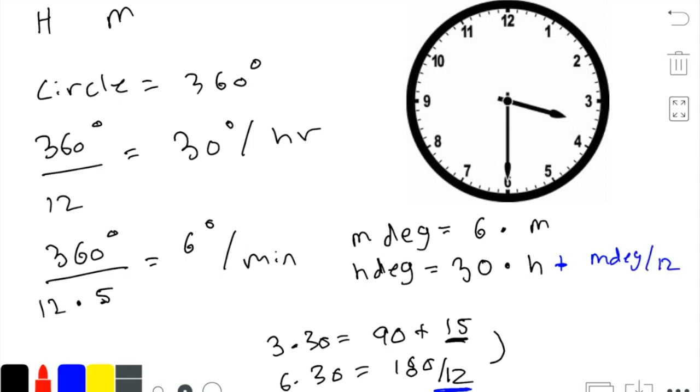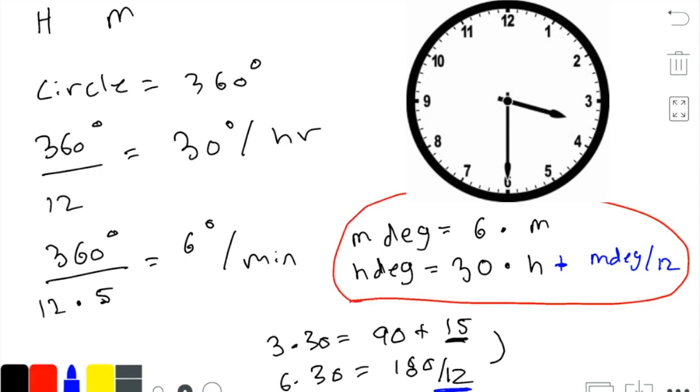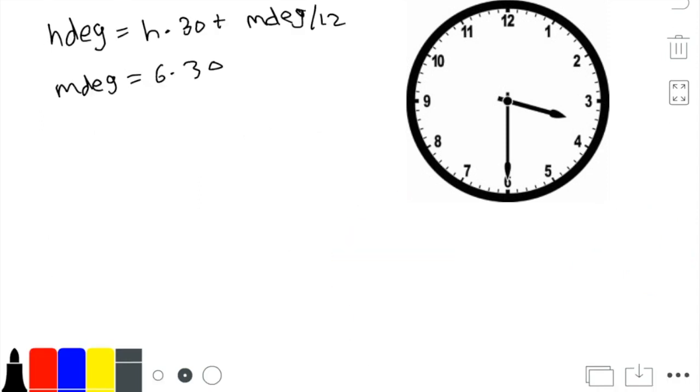This is how we are going to calculate the degrees of the angle C prime in our diagram previously. From here, we can calculate the total degrees, the absolute value of hdeg minus mdeg.